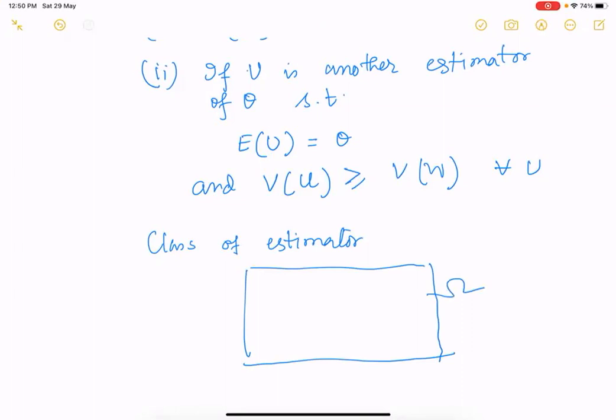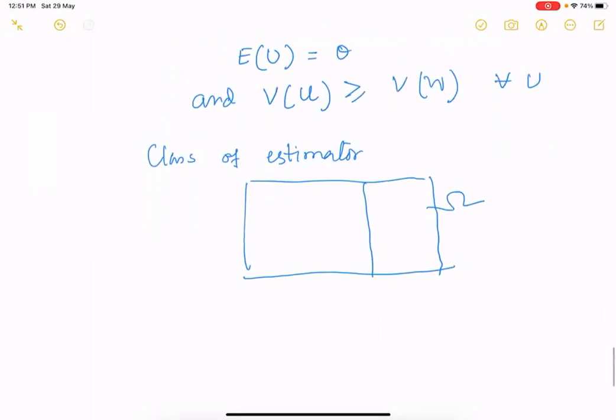Now suppose you can divide this into two parts. One is the world of unbiased estimators, and here is the world of biased estimators.